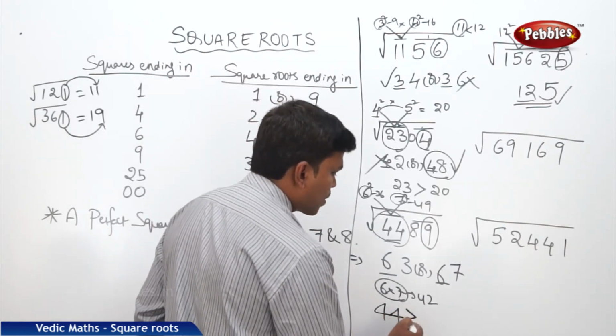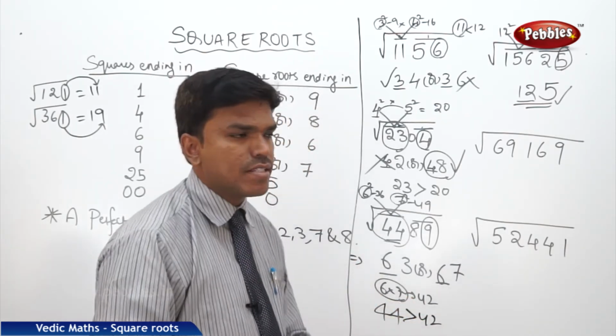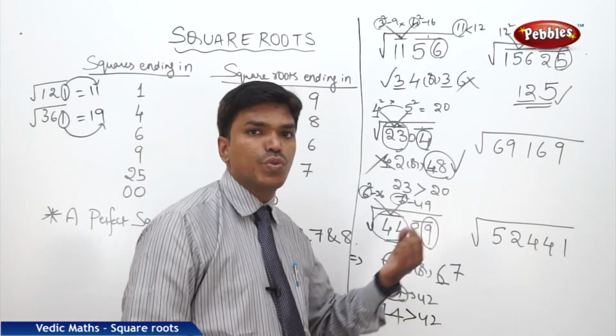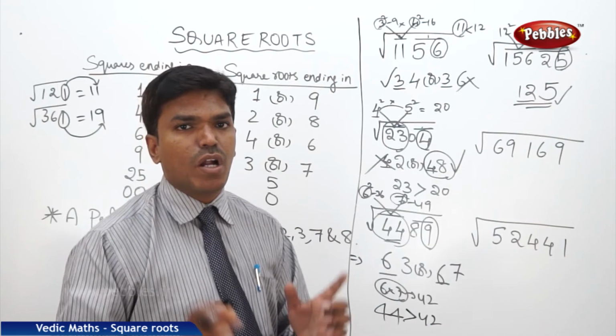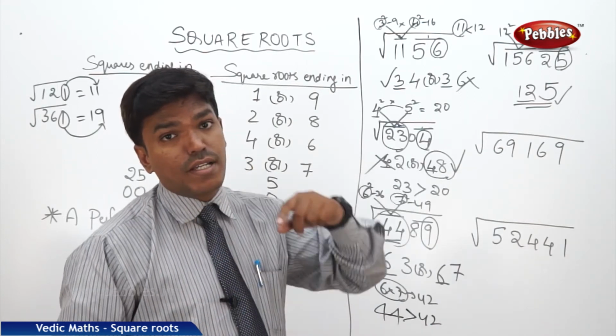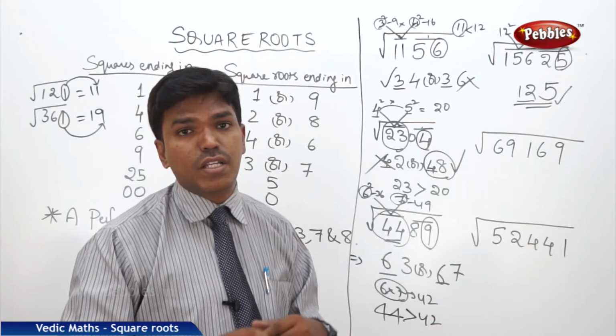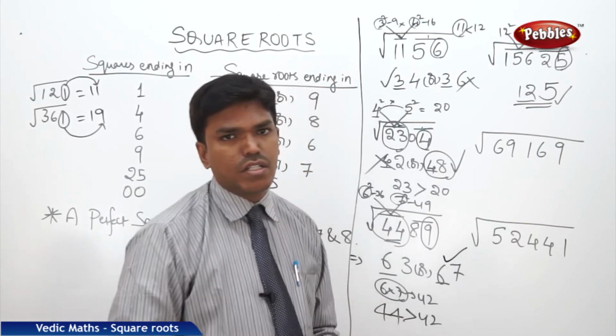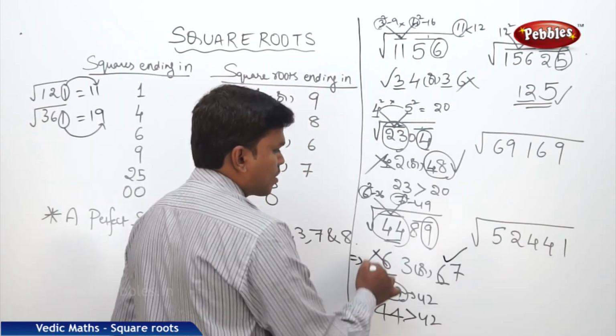It is greater than 42. If you are comparing the second partition number with the product of those two square numbers which are at the border, if the second partition number is greater than the product, obviously the greater number will be your answer. So here it is greater, so that will be 67, not 63.